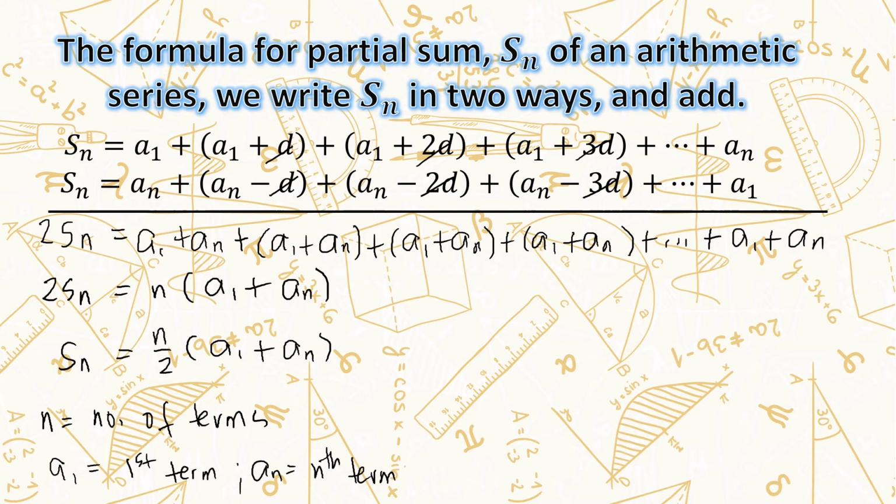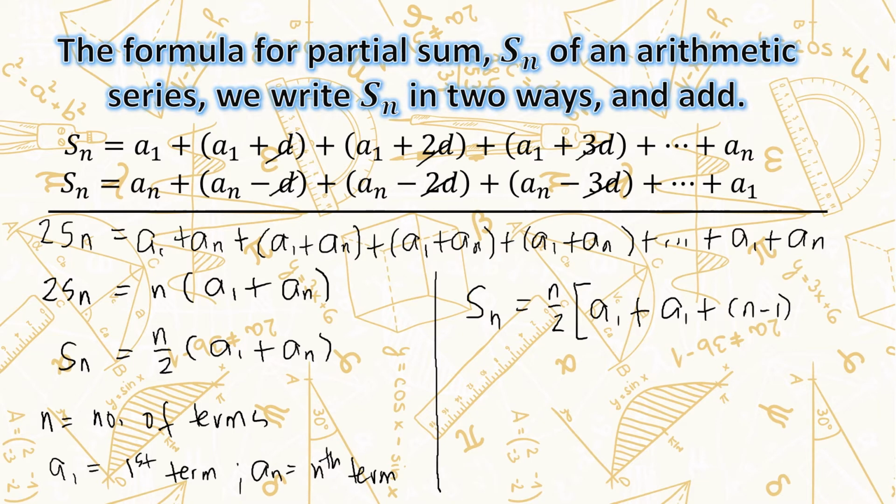Now, since A sub n is equal to A sub 1 plus n minus 1 times d, we can have another formula for the partial sum S sub n of an arithmetic series. Let us do that. So we have S sub n is equal to n over 2 times the quantity A sub 1 plus A sub n, that may be written as A sub 1 plus n minus 1 times d.